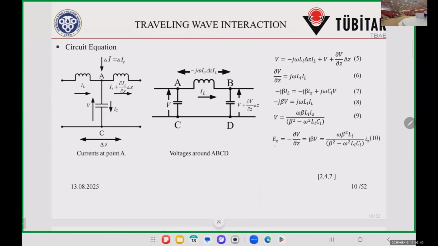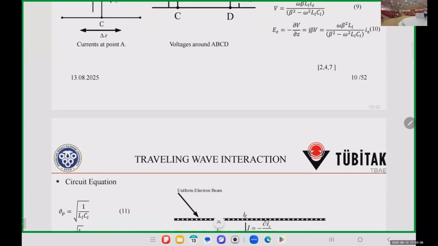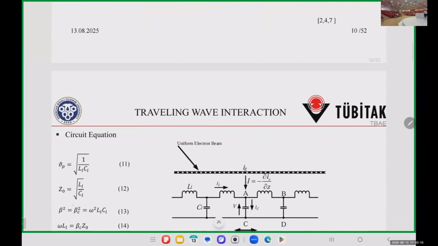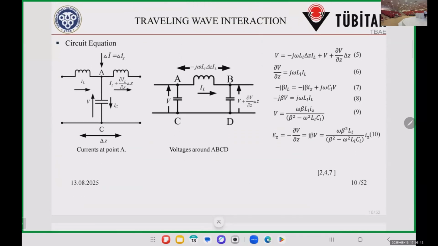We know that Ez equals minus dV divided by dz. So we can write Ez in phasor notation as j beta V, and obtain Ez in terms of Iz. This is equation 10.